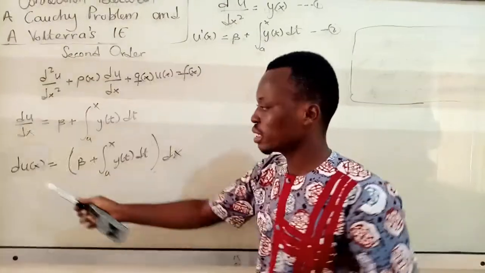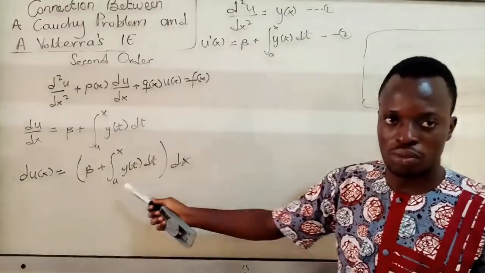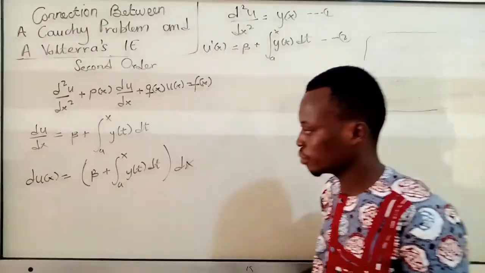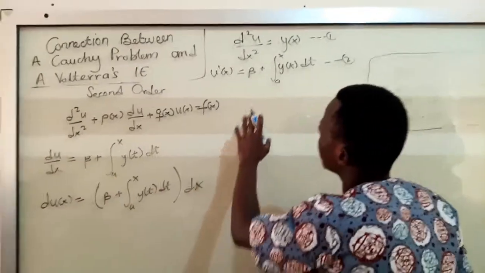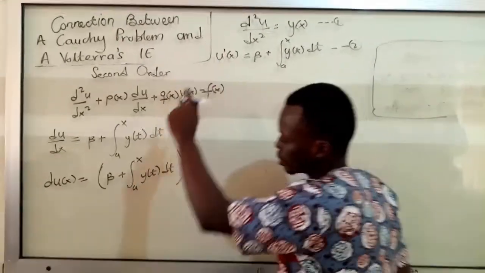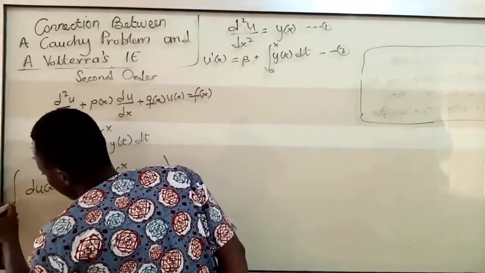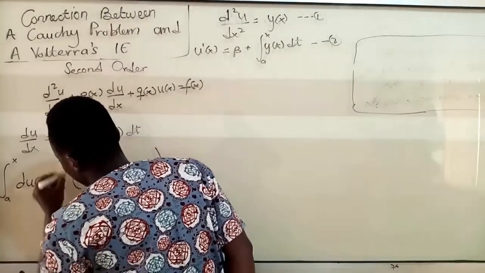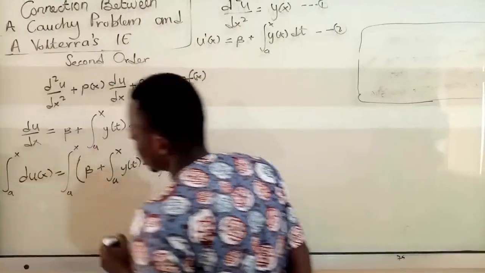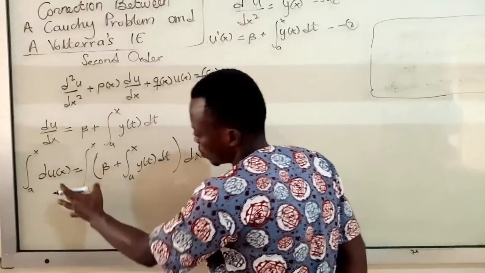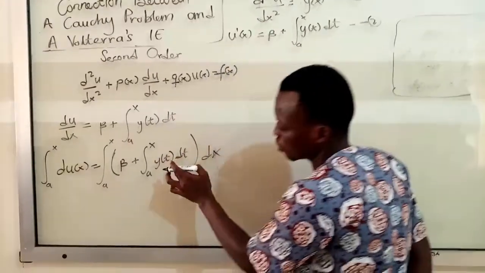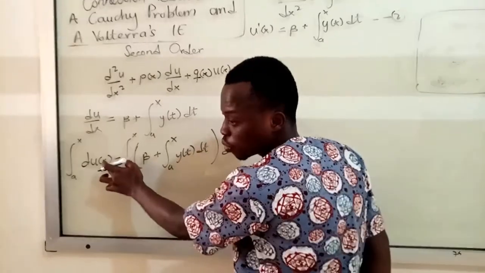Now let's integrate both sides from the initial condition, from a to s. So the variables here need to change to t.